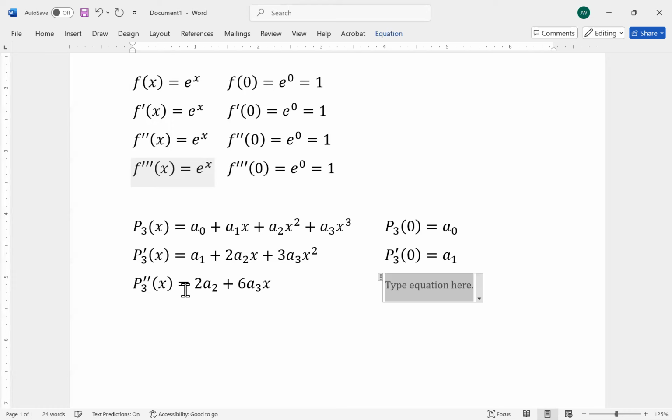And so when we plug in 0 into the second derivative, we get 2a sub 2.